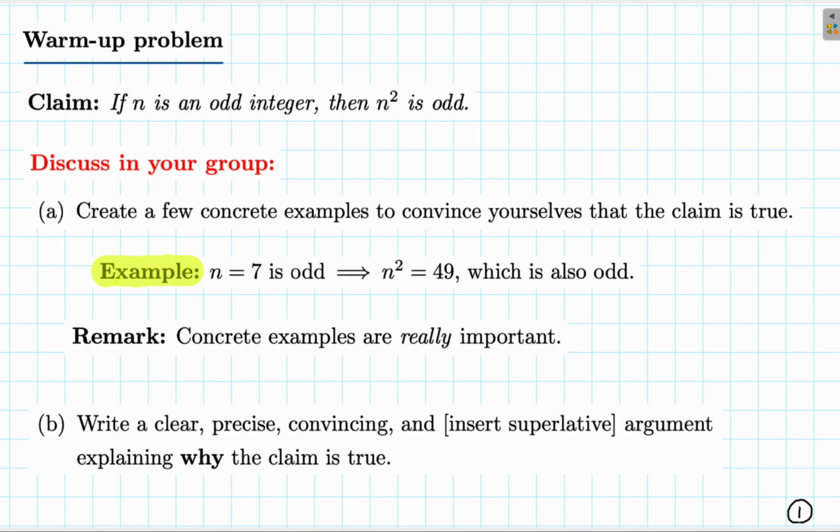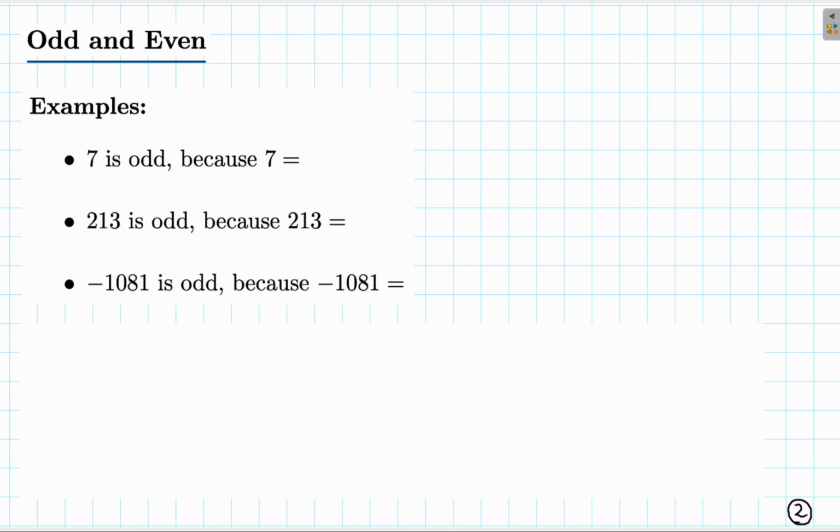Now, before we dig into why this claim is true, let's dig a little bit into what we mean by an odd integer. I think we know what it means from experience, but let's be more precise about it. So once again, let's look at some examples.